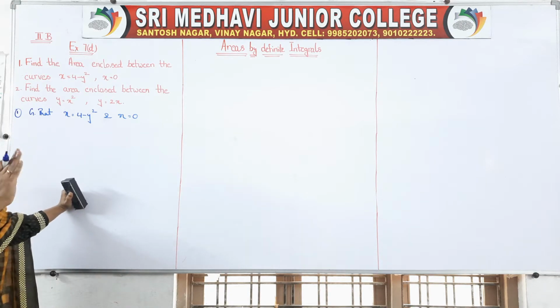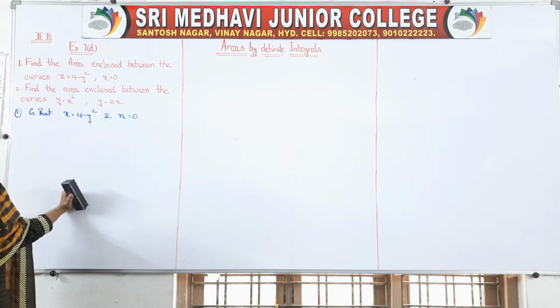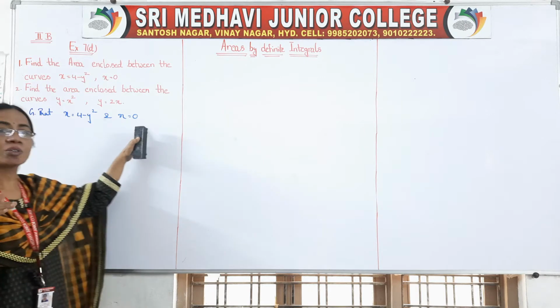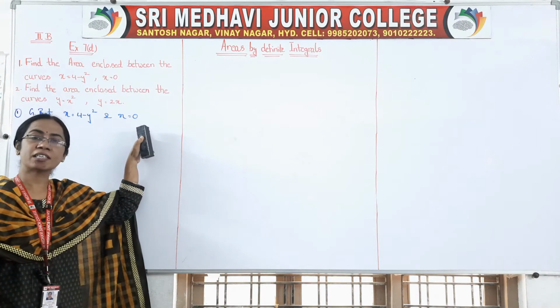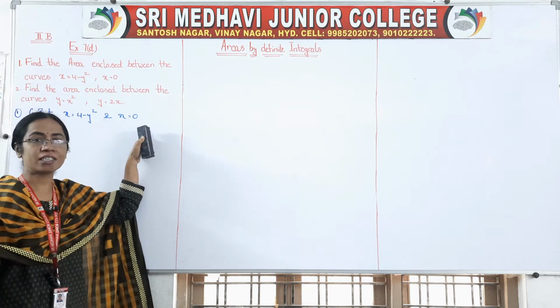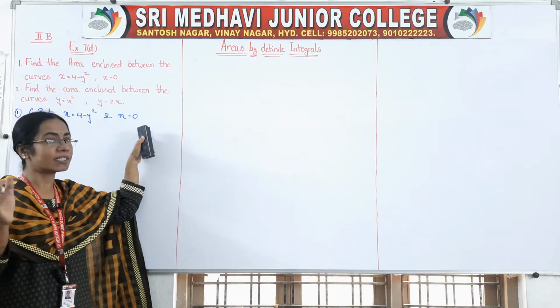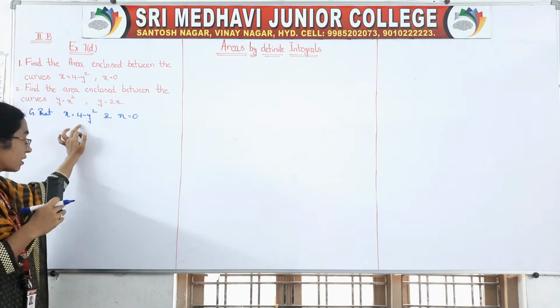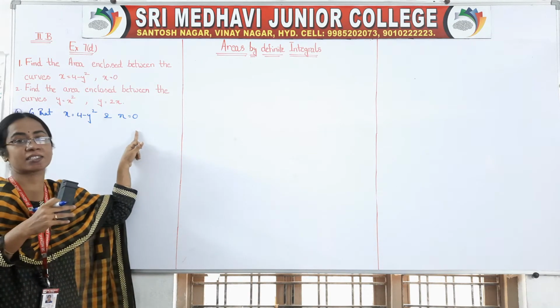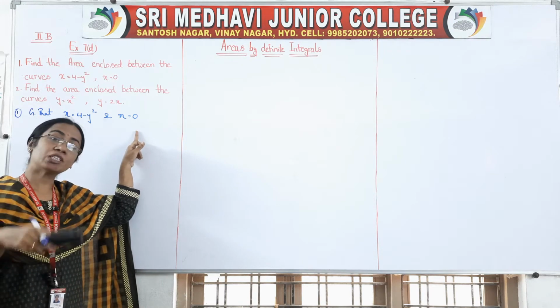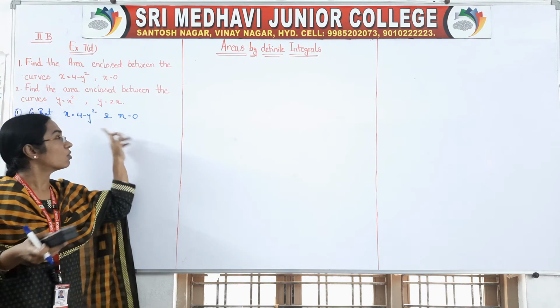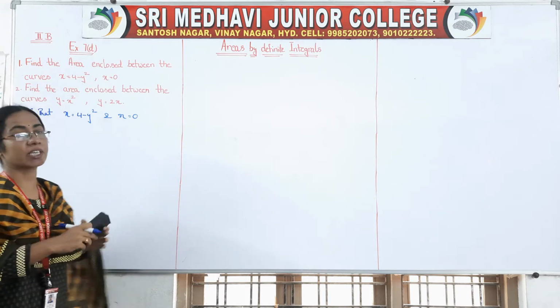First we have to solve the two equations so that we will get the point of intersection, isn't it? x is equal to 0 means what is that? It is nothing but the y-axis, isn't it? So we have to find the area covered by this curve and y-axis, but from which point to which point? For that we have to solve these two equations.